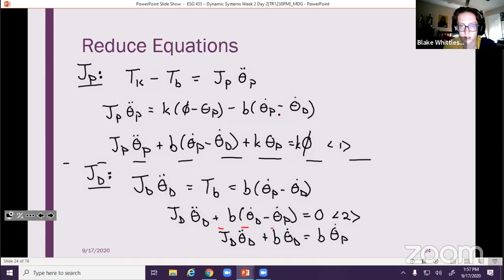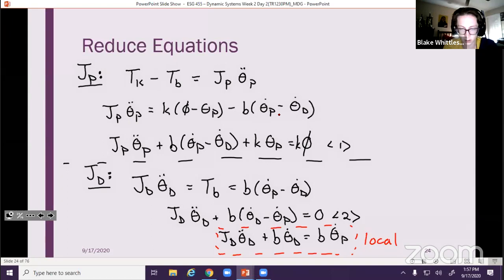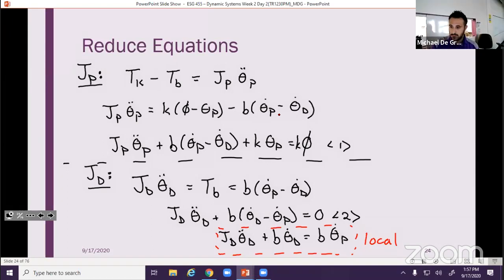Hey, Doc, in that line above, did you intentionally swap the theta D and P in the B term, the line just above the red dashed ones? Oh, this one where the D and the P are flipped? Yes.